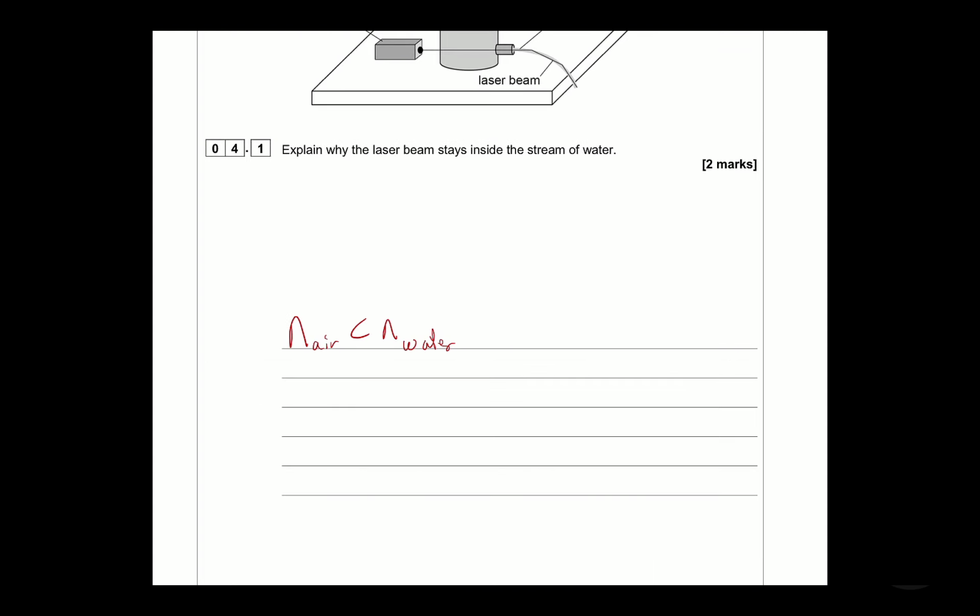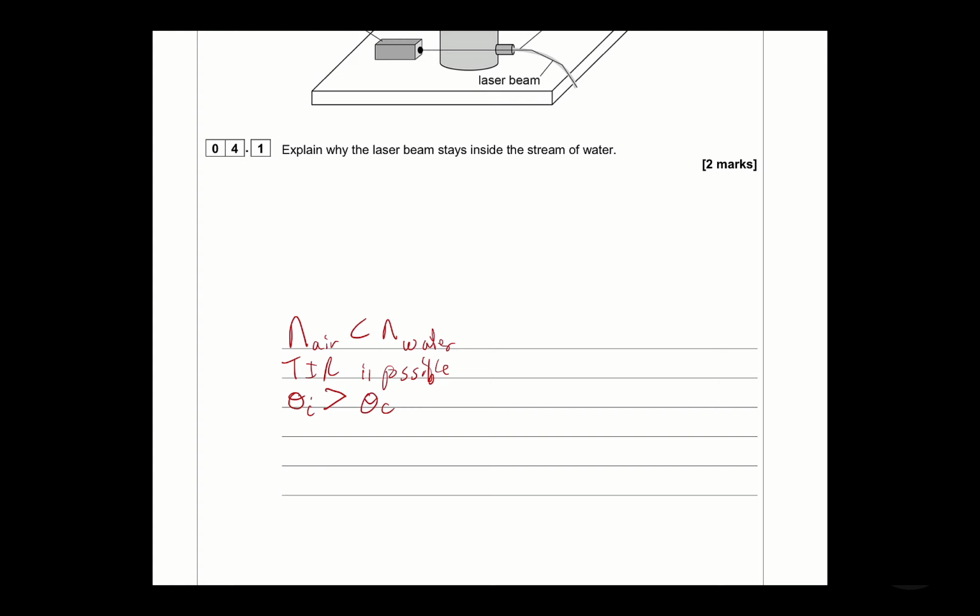This means that total internal reflection is possible. And here we have our angle of incidence is greater than the critical angle, so we get total internal reflection.